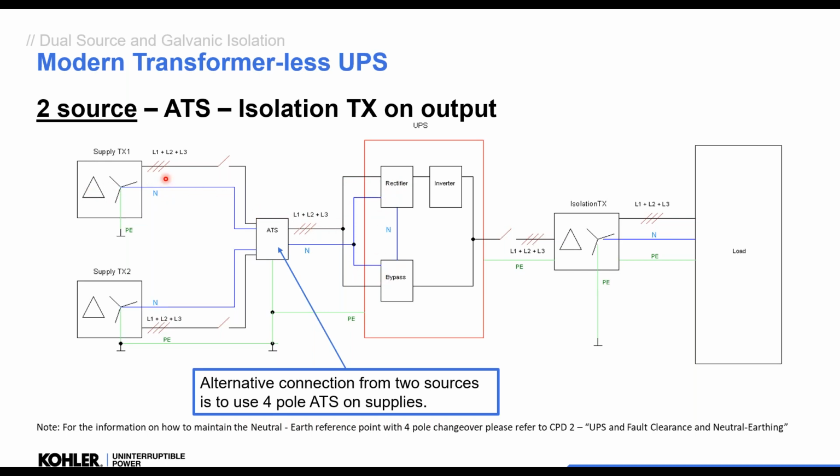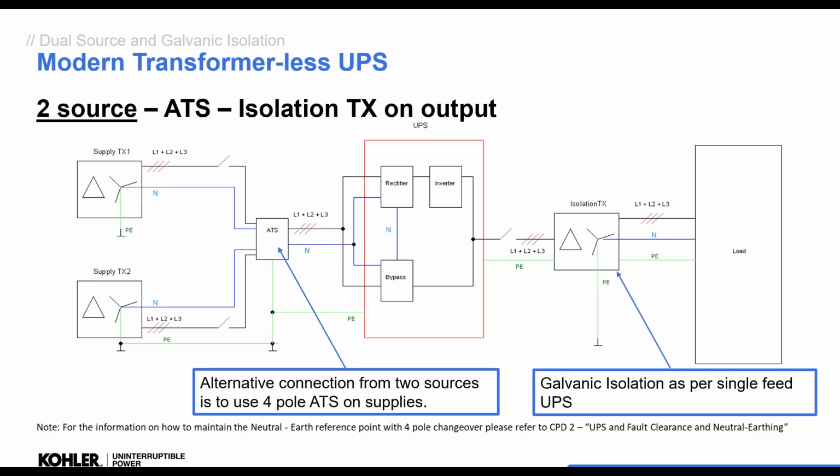Now if that was to fail, the ATS would change it over to the second source, so the UPS would continue to run on the mains, because if you have a dual source, as we said before, if you lose the supply to the rectifier, it doesn't change over inside the UPS, it will just run on battery until that supply is exhausted. Okay, and then we have the isolation transformer on the output as before.